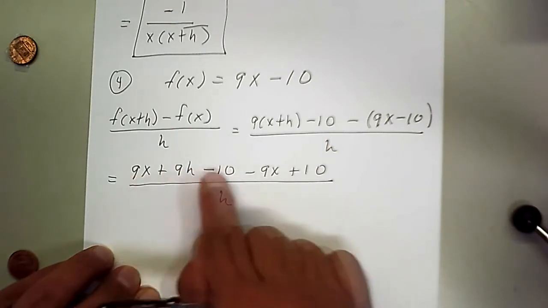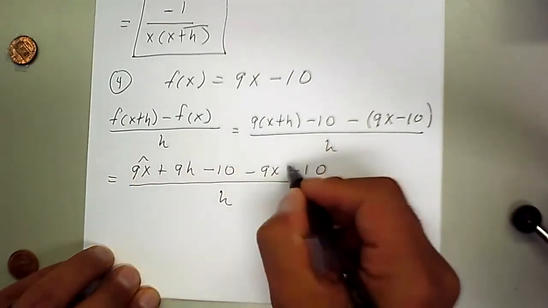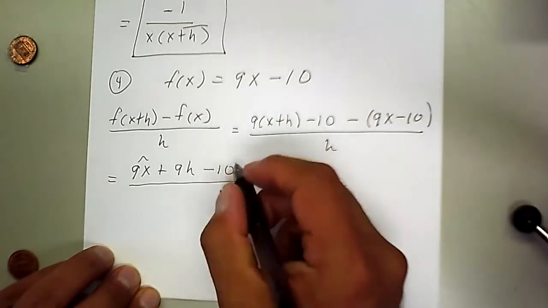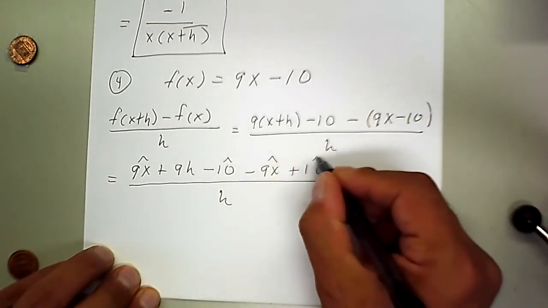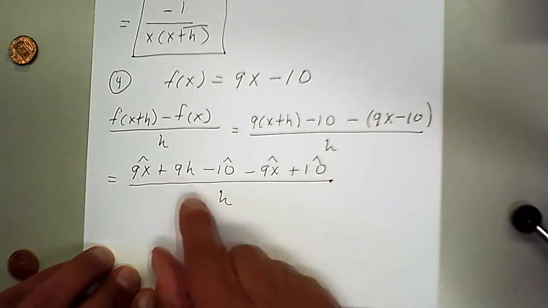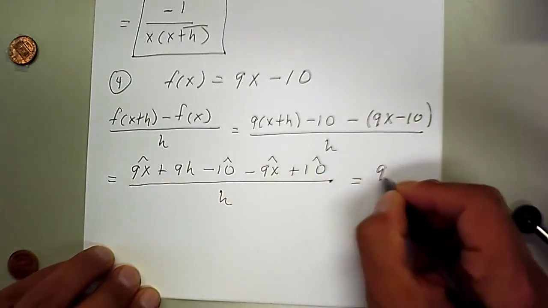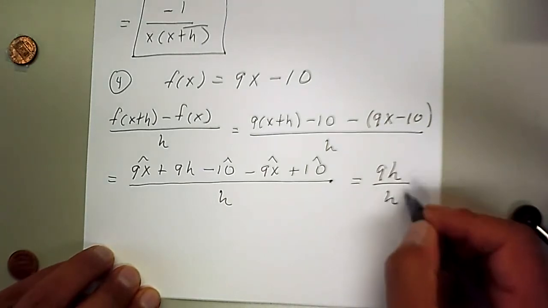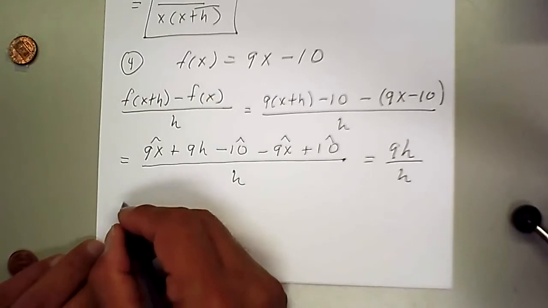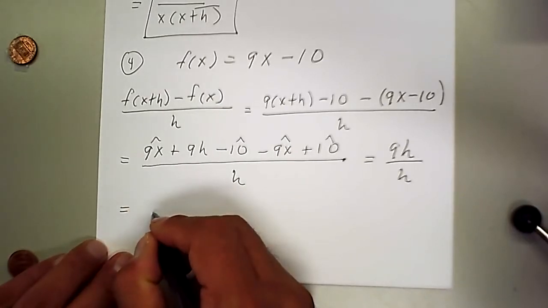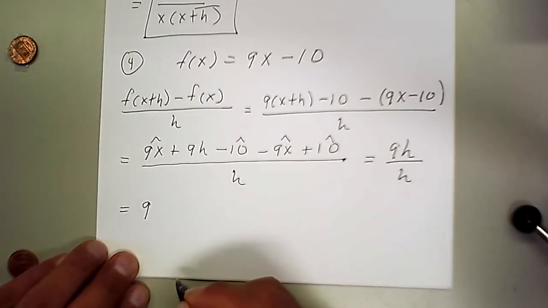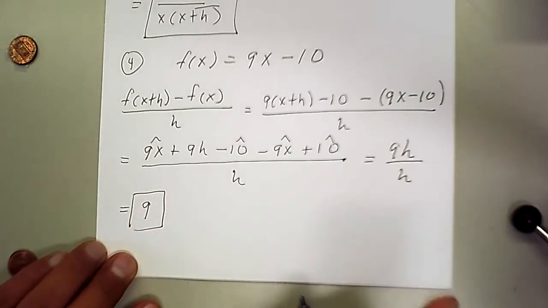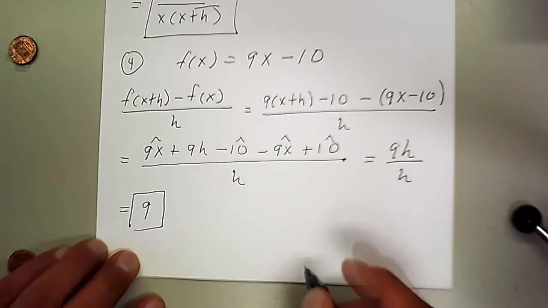Okay, so 9x minus 9x are going to simplify down to 0, negative 10 and positive 10 are going to simplify down to 0. So we end up with 9h, 9 times h over h. The two h's simplify, and we end up with 9. That's it. That's the difference quotient, which should not surprise us.